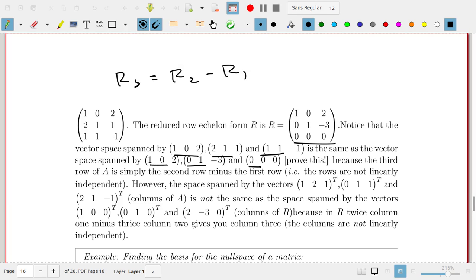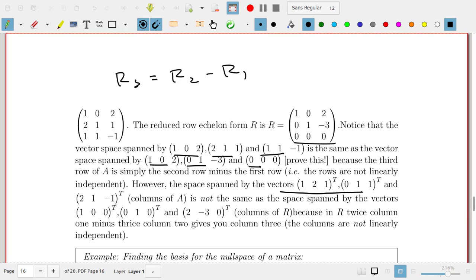However, the space spanned by the column vectors 1, 2, 1, 0, 1, 1, and 2, 1, minus 1 is different from the space spanned by 1, 0, 0, 0, 1, 0, and 2, minus 3, 0.